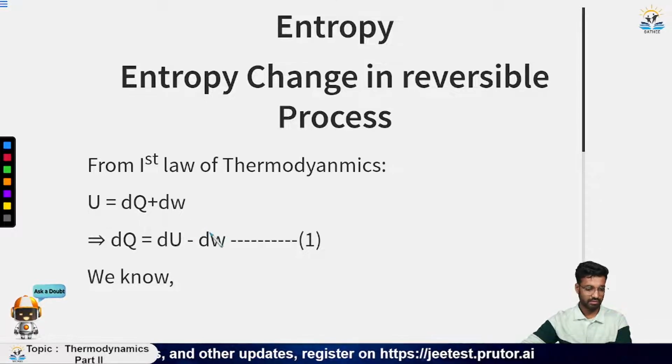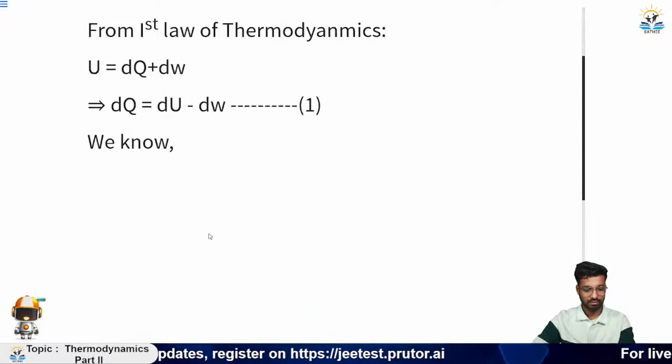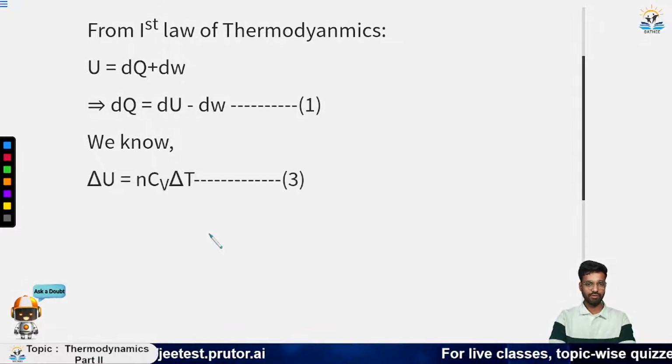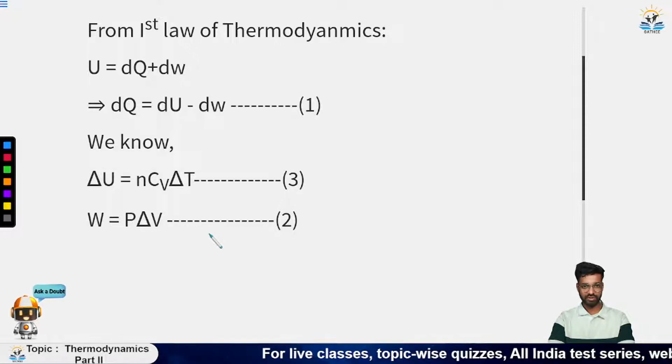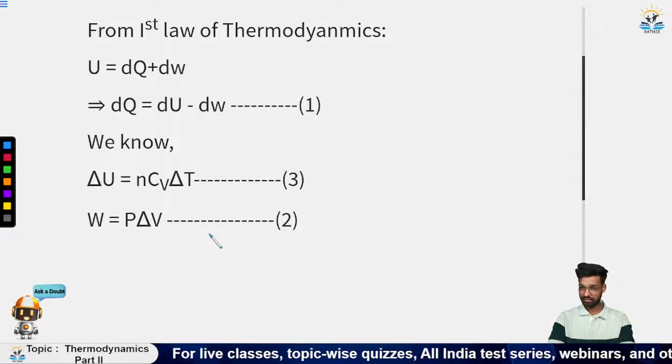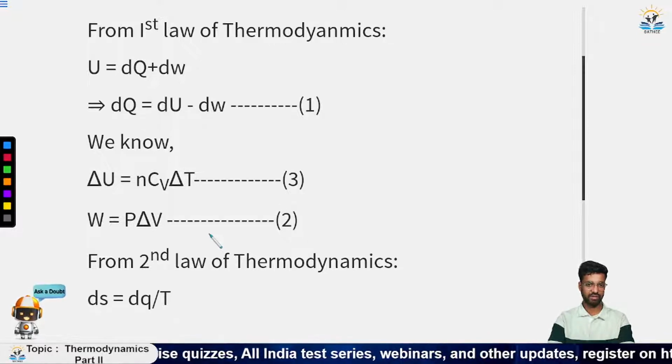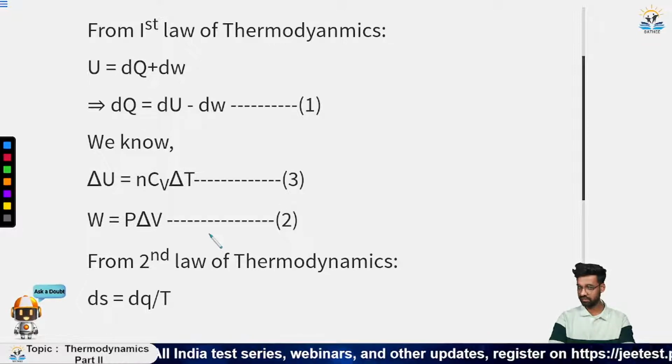We also know that delta U is equal to nCv delta T, and W is equal to P delta V. Now, from the second law of thermodynamics, dS is equal to dq by dT.